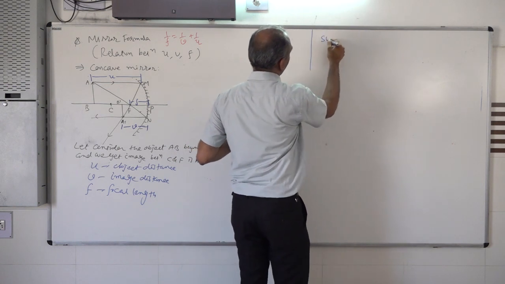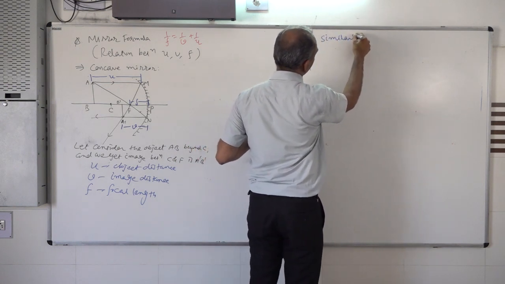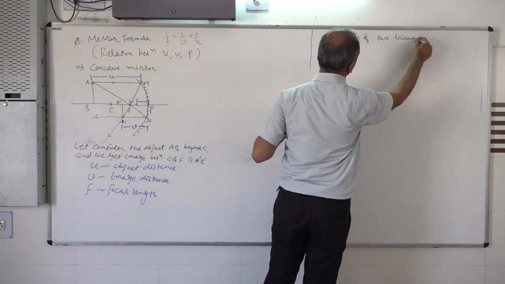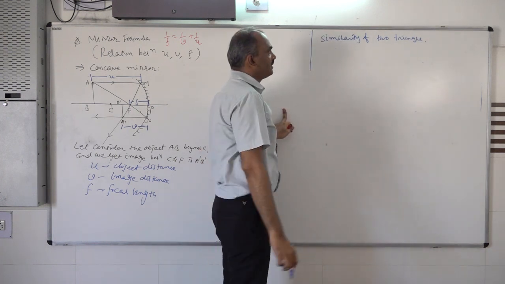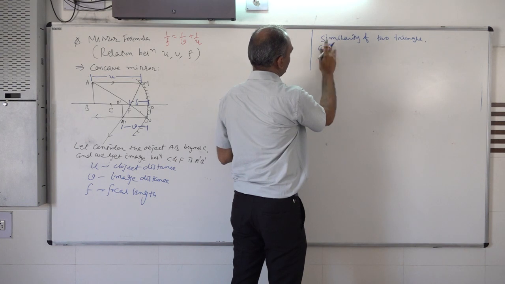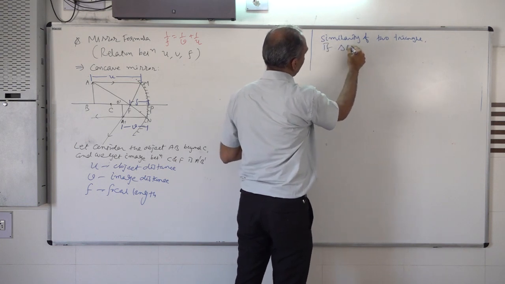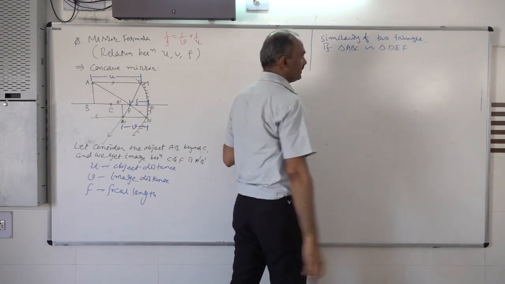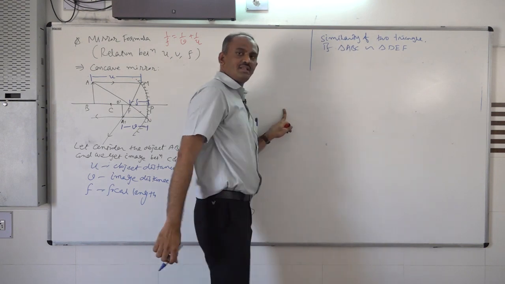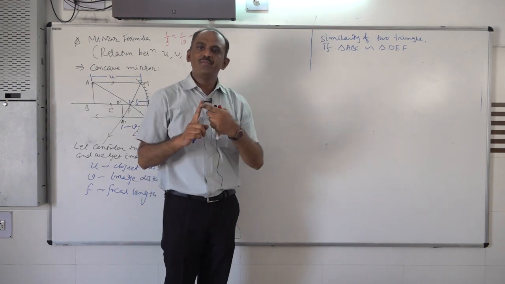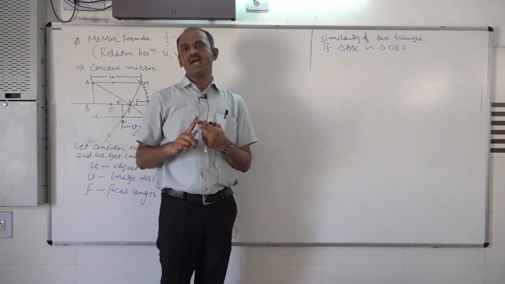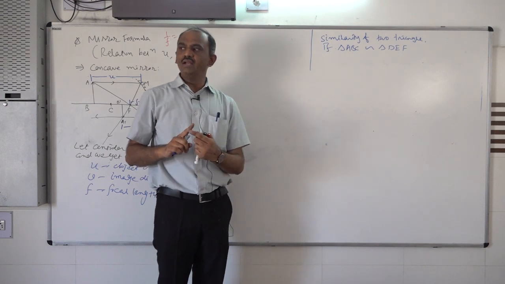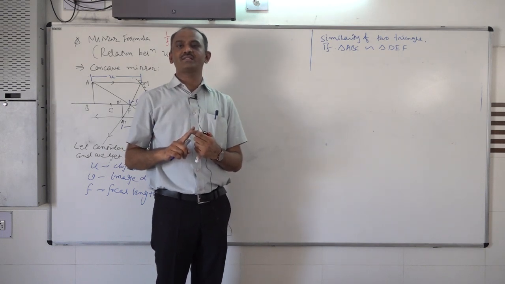As you know, similarity of two triangles: if triangle ABC is similar to triangle DEF, we can say that two triangles are similar if the corresponding angles are equal, meaning all three corresponding angles are equal, and the ratio of corresponding sides is constant.